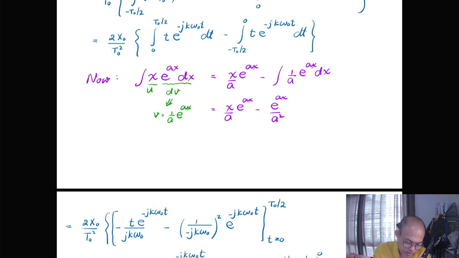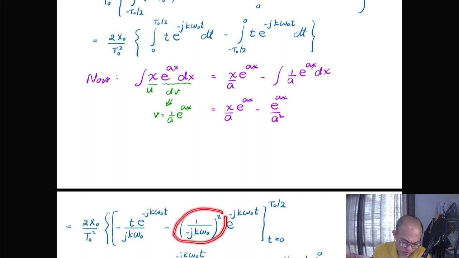So minus jk omega 0, minus jk omega 0, and then t, and then e to the ax is right there, and then minus sign here, a squared.